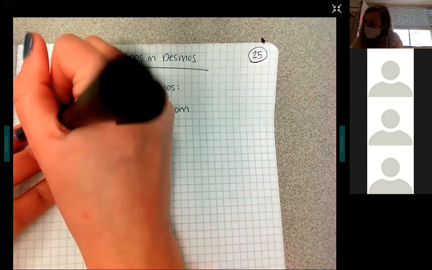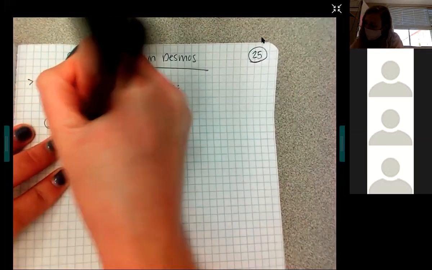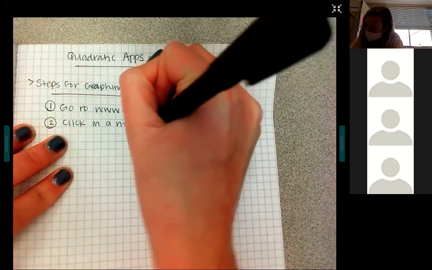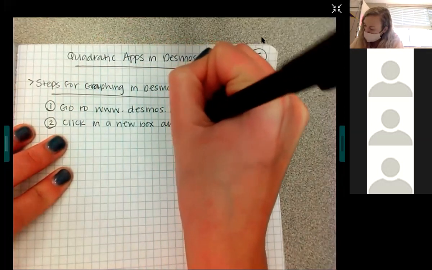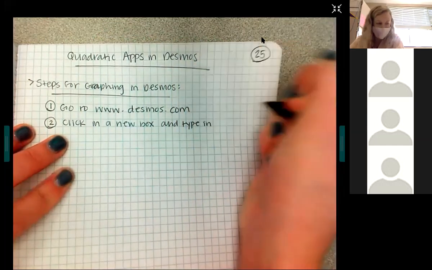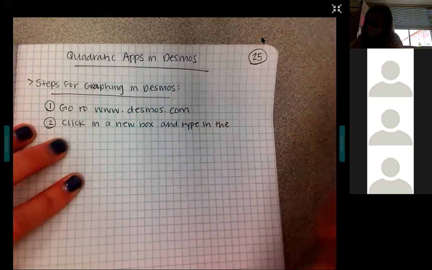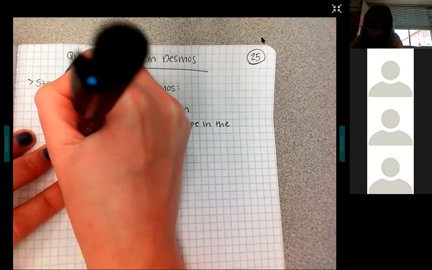Second thing you're going to do is click in a new box and type in the function equation.